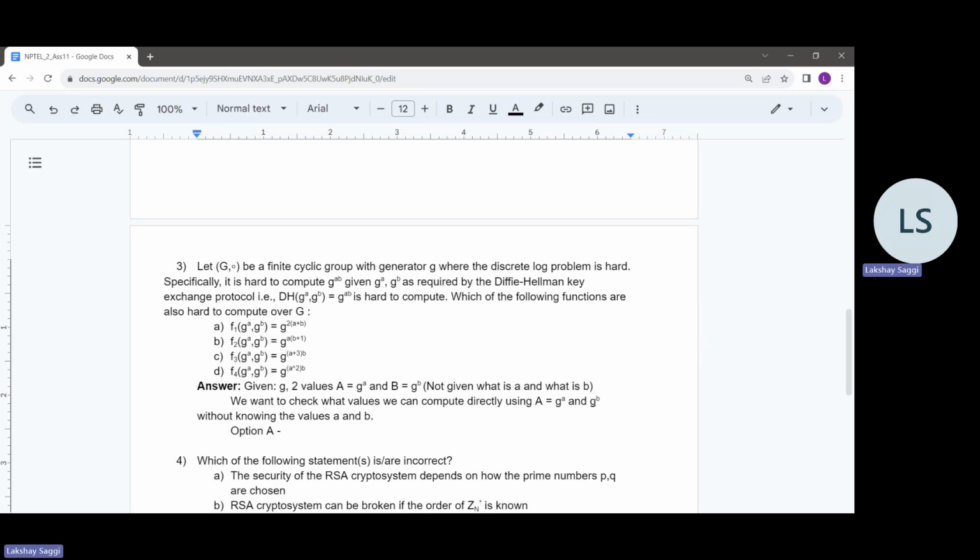This is just a notation of capital A and capital B. This has nothing to do with the small a and b.